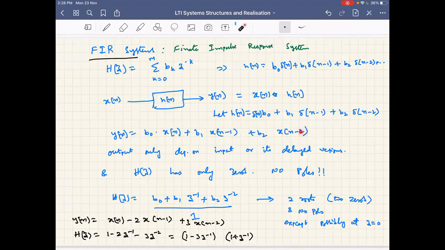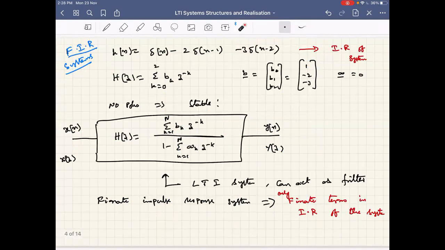This is obtained by convolution of x of n and h of n. Let us see how we realize a second order system. The specific example with b0, b1, b2 is this, and H of z is this. You can see that there are no poles and there are only 2 roots, or 2 zeros, for this system.